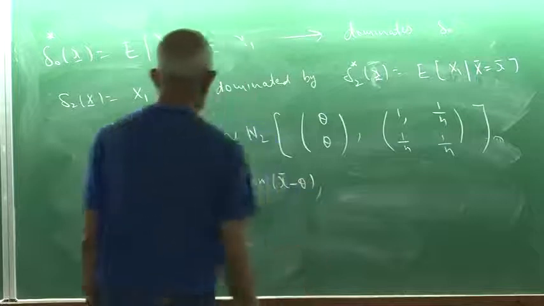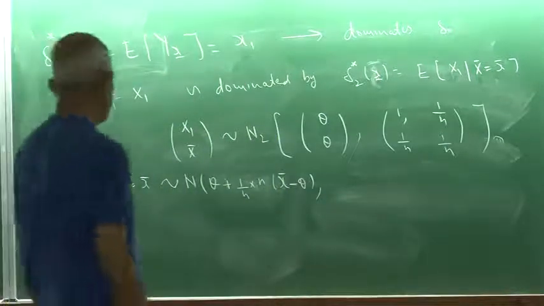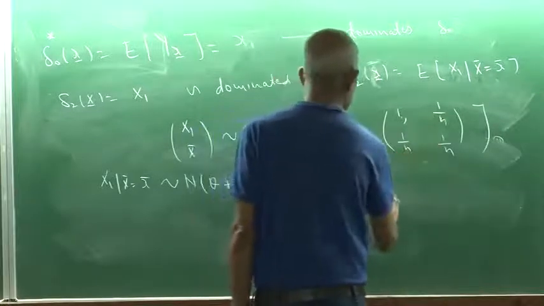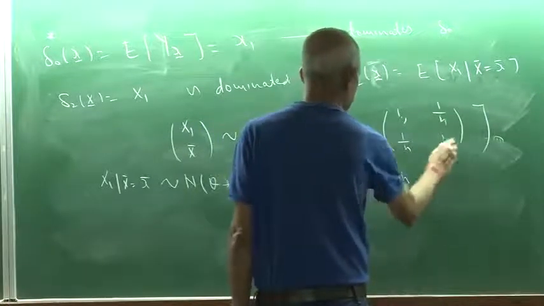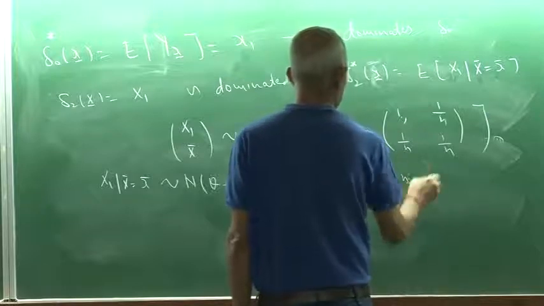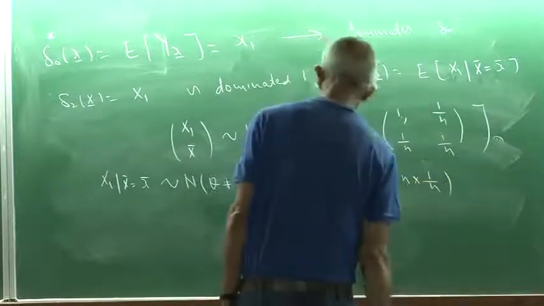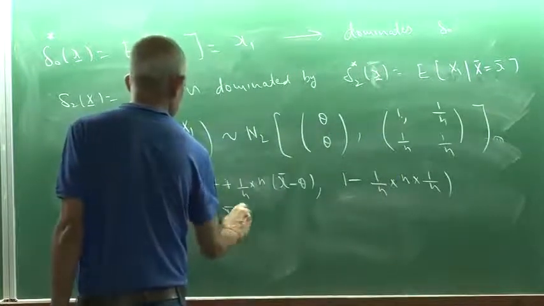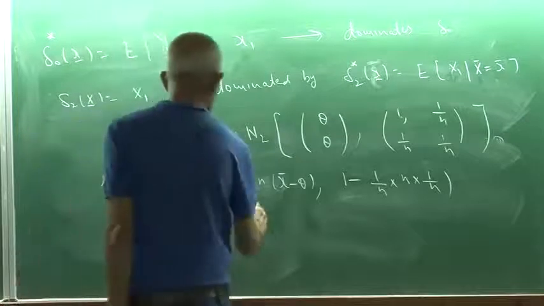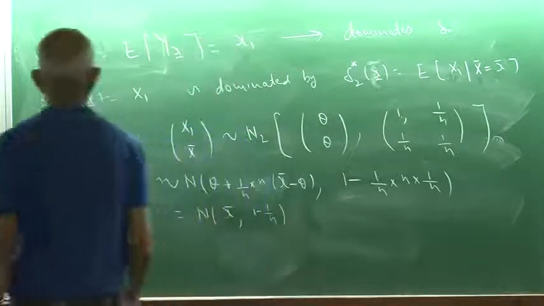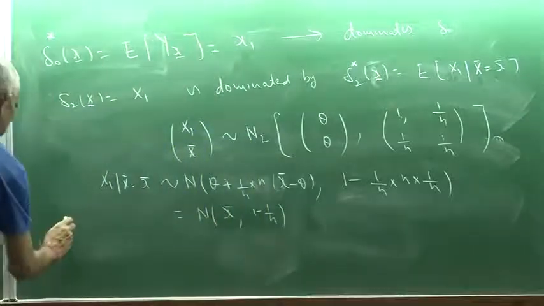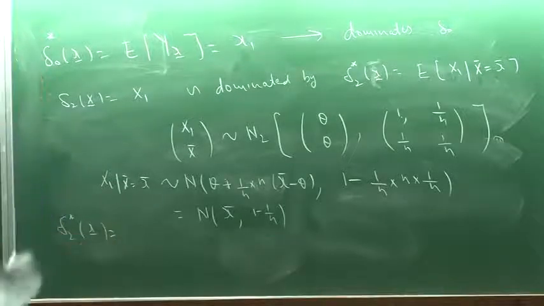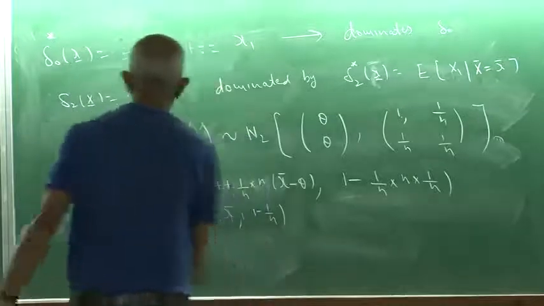And the variance is the variance of x1 minus the covariance times the inverse of the variance of x bar times 1 by n. So it is normal with mean x bar and variance 1 minus 1 by n. So delta 2 star x turns out to be the expected value of x1 given x bar equal to x bar, which is the same as x bar.